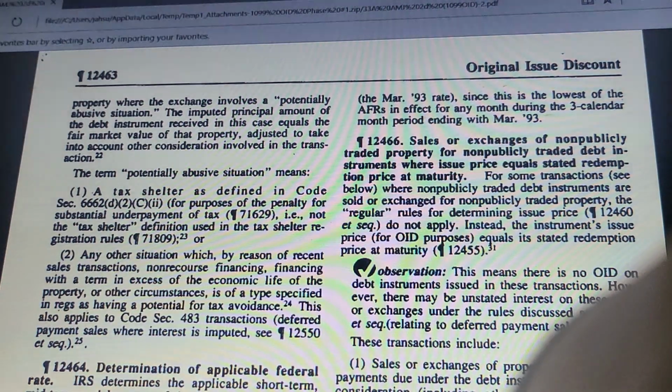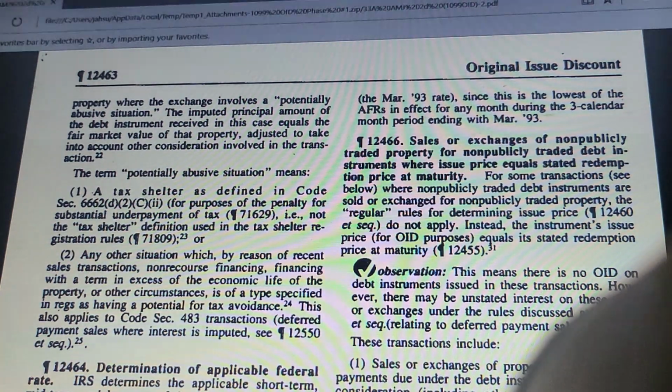Instead, the instrument's issue price (for OID purposes) equals its stated redemption price at maturity (12455). Observation: this means there is no OID on debt instruments issued in these transactions. However, there may be unstated interest on these sales or exchanges under the rules discussed at 12550 at the sequence (related to deferred payment sales).